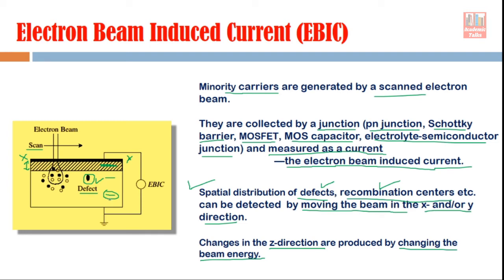So not only do we have to increase the energy for getting information from the deeper part, but we also have to create a junction near that portion, so that the electric field present in the junction can be used to collect those generated electron hole pairs, right? And only then will they be able to contribute to the current.